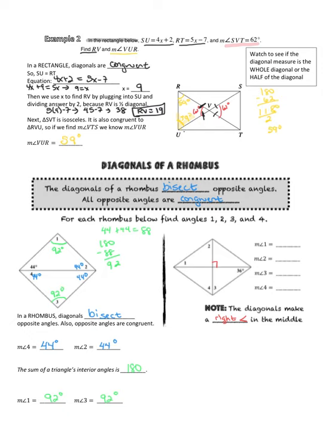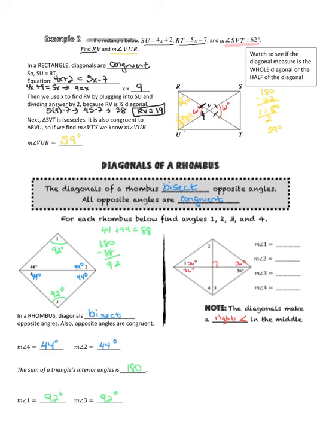I can find all my information. Alrighty. If this angle is 36, the measure of this angle is going to be 36 because diagonals in a rhombus bisect angles, which means angle 1 is 36 and angle no name is 36.